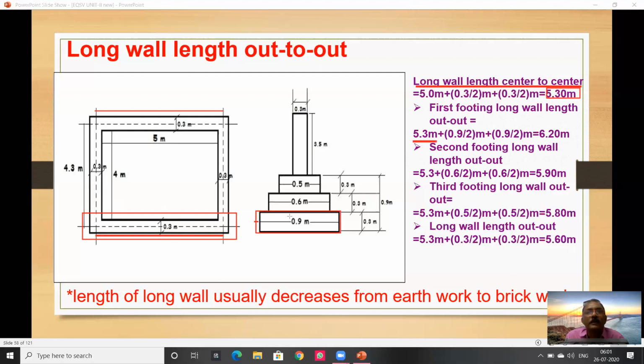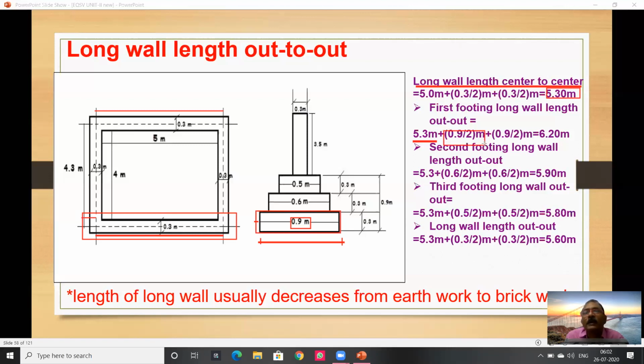Okay, 5.3 meters. And what is the width of your first footing? Observe carefully. Here you have 0.9 meters. So 0.9 by 2 you have to add here.